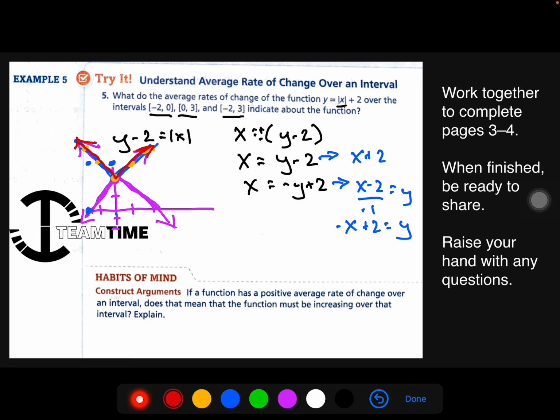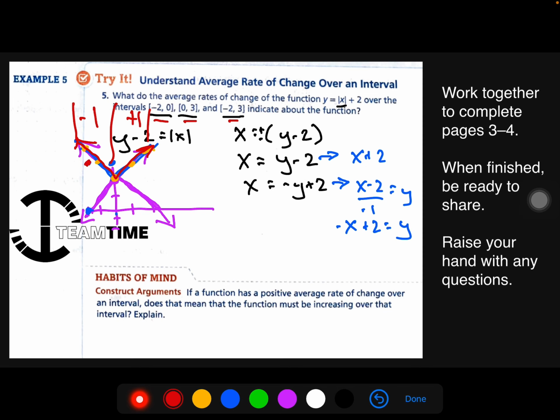Okay. Now what is it really asking about here? The average rates of change. Well, the average rate of change in this region here is negative 1, excuse me. The average rate of change here is positive 1. And I'm not honestly certain what they're talking about because these points aren't on the lines.